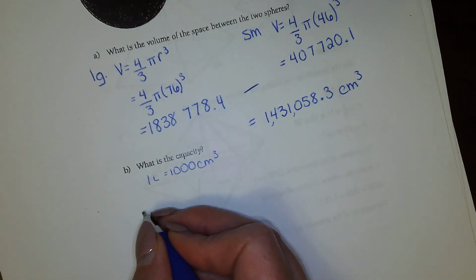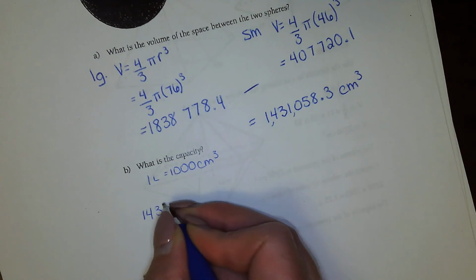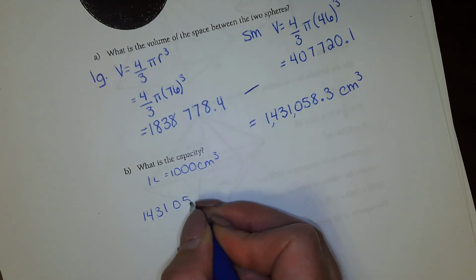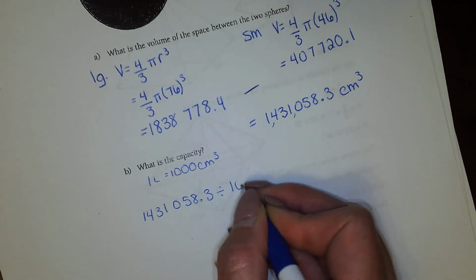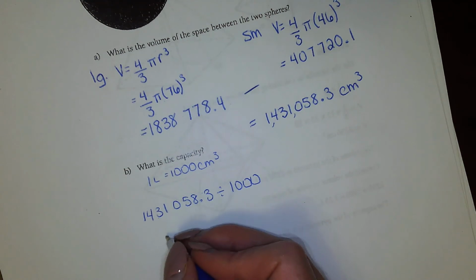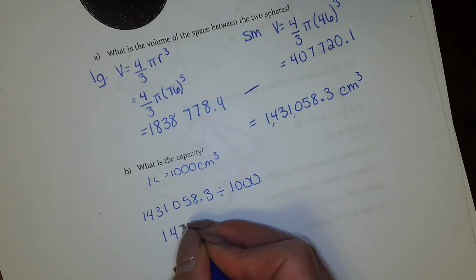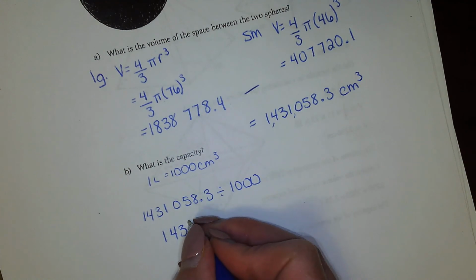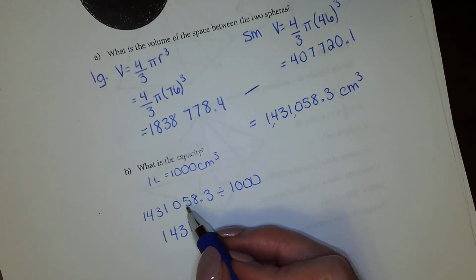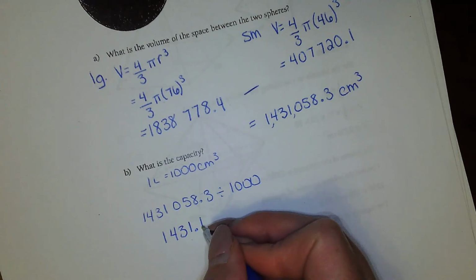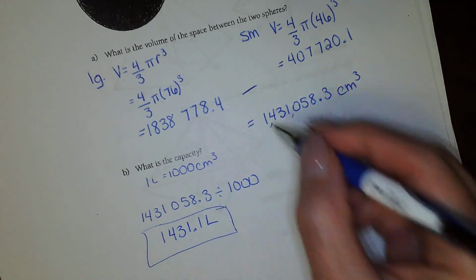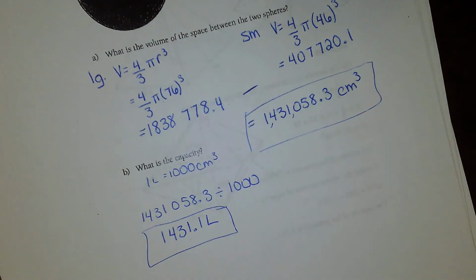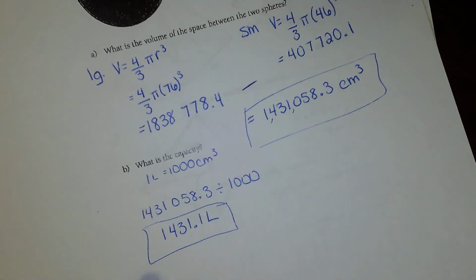So let's divide that value, 1,431,058.3, by 1,000, and we will get 1,431, and I might round because it would be 0.058. I might just round that up to 0.1 liters. There's your two answers.